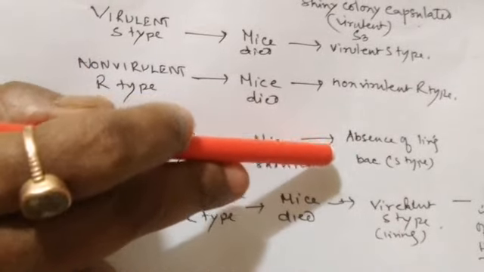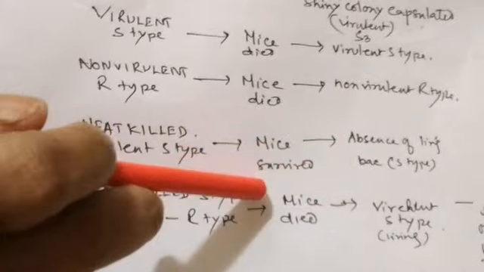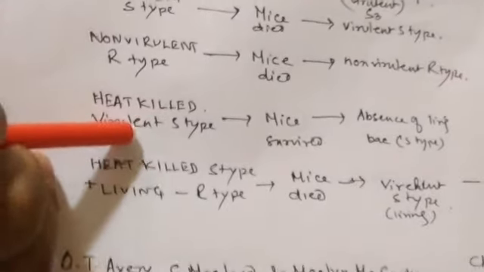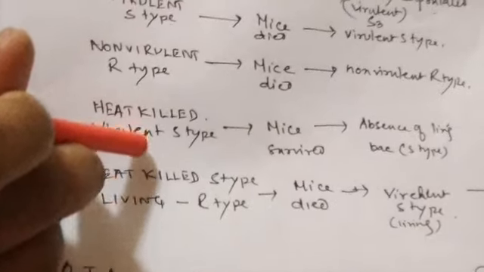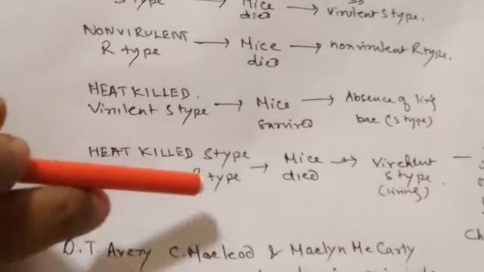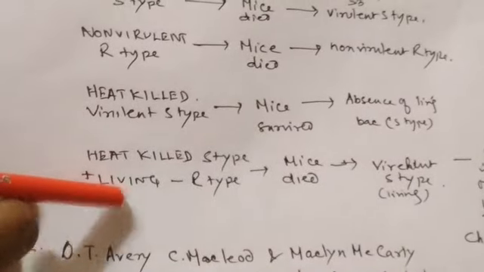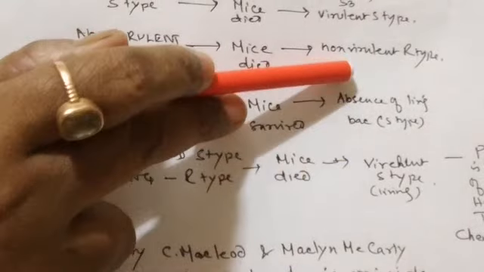Since the bacteria were dead, they cannot produce the disease, so the mouse survived. Heat-killed smooth individually, the mouse survived. When living R was taken, since R was not pathogenic, the mice also survived.